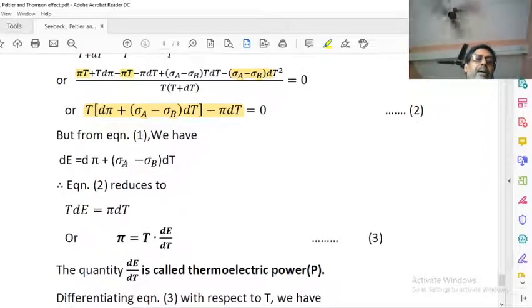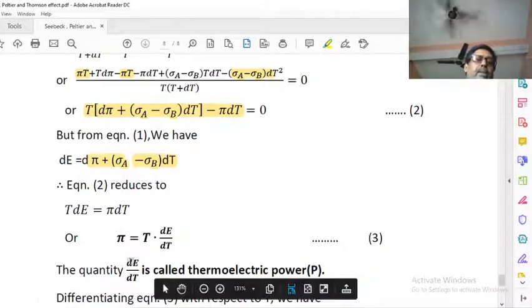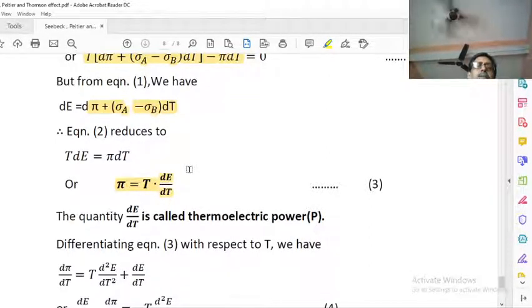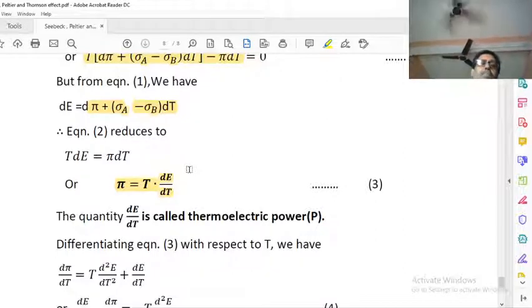If d pi plus this one is equal to dE, then we will write T dE minus pi dT, and on solving we get pi is equal to T dE by dT. This is the relation we had to prove. We have proved it.